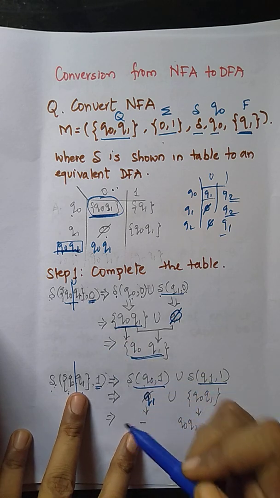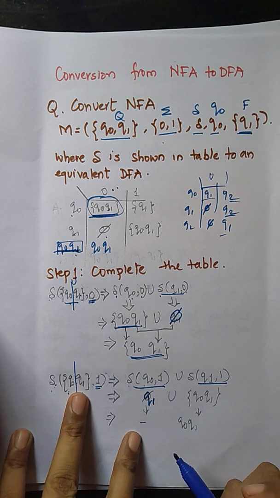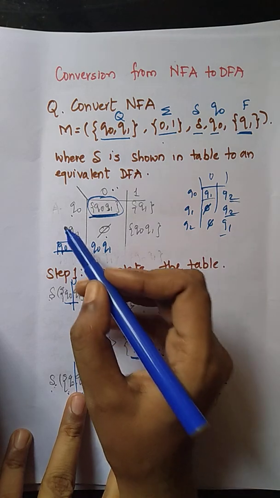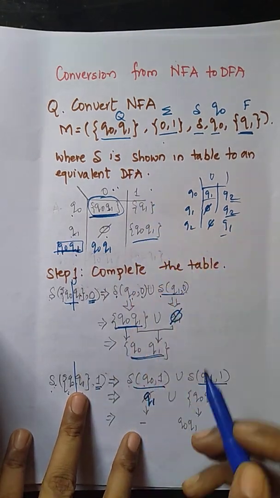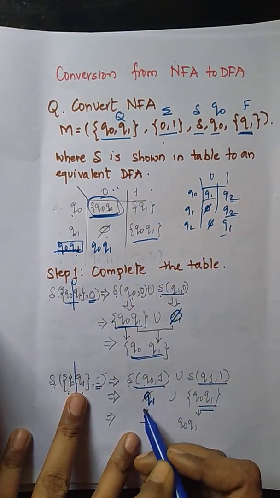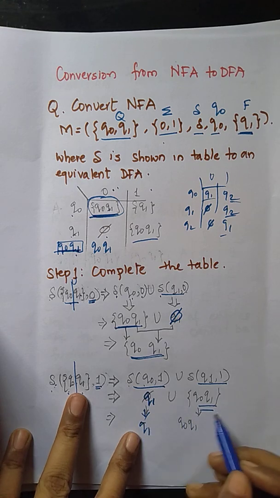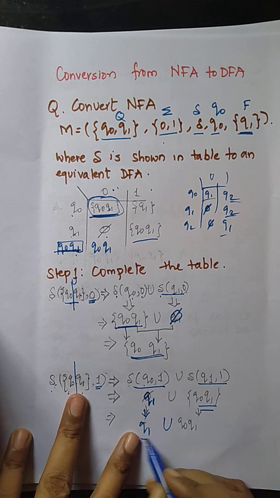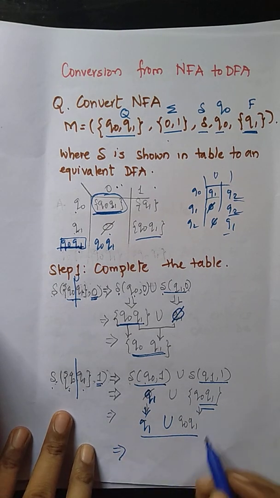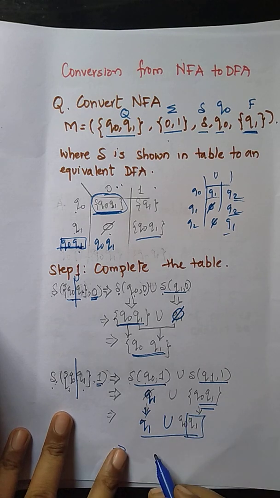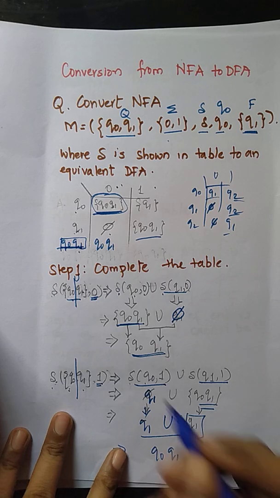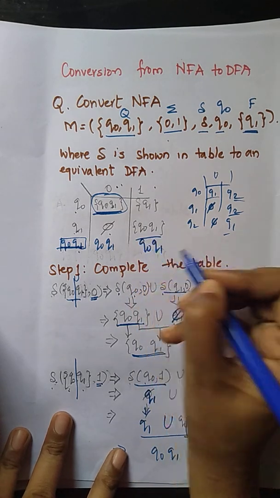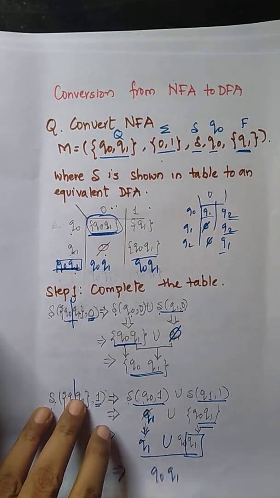The transition of Q1 on 1 is going to Q0, Q1. So here it is Q1 and here it is Q0 and Q1. We are going to take the union. Union means whatever is repeated, we write only once. So the union will be Q0 and Q1. This is how we have found the table.